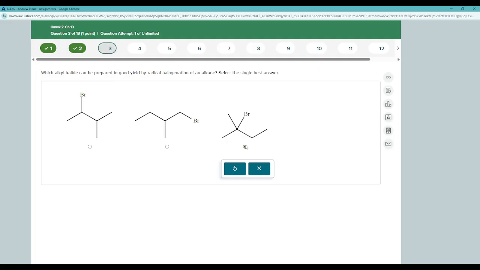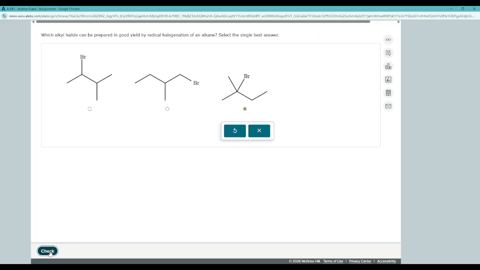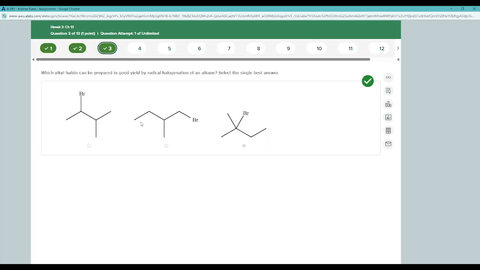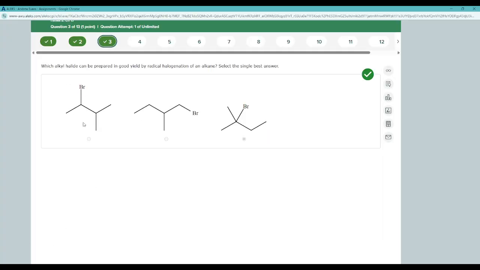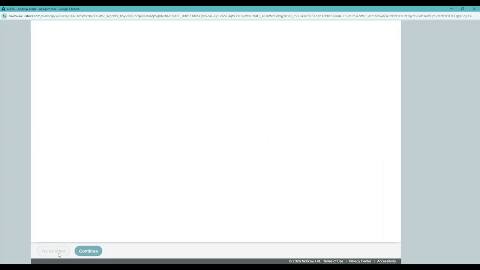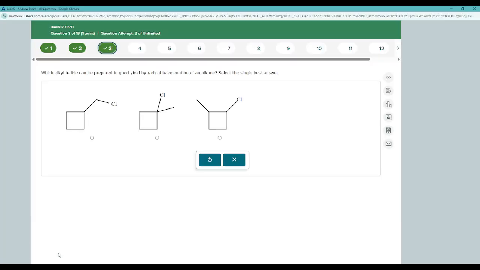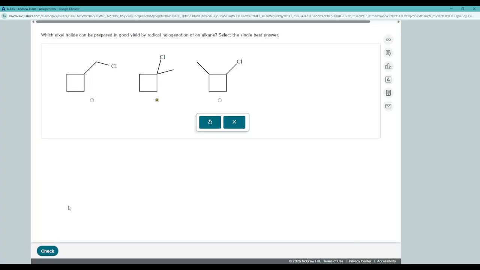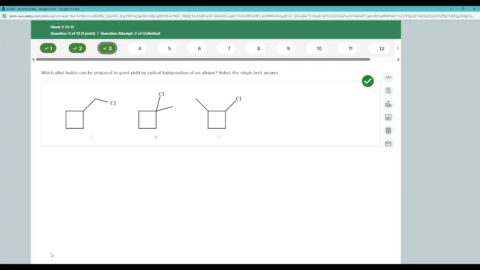So which would be the most stable and easiest to form? Tertiary all the way. Especially with bromine. If it was chlorine, you're going to get a mixture of all of them. However, you would still prefer the tertiary position. So primary, secondary, tertiary. You'll probably get more of the tertiary than you will of the secondary and primary.